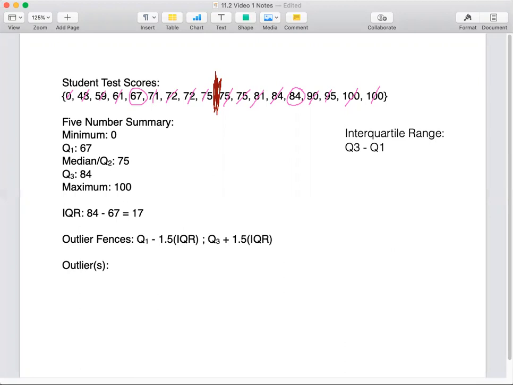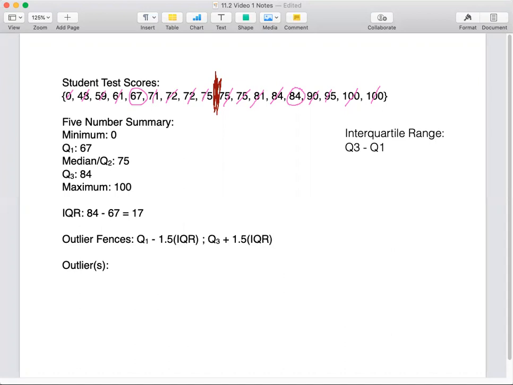Now, between Q1 and Q3, we have half of our data. As I said earlier, Q1 is the 25th percentile, Q3 is the 75th percentile. So between those two, we have 50% of our data. Using this system, we take 1.5 times that difference to say, okay, this is a reasonable bound for a minimum to be an outlier and a reasonable bound for a maximum to be an outlier.